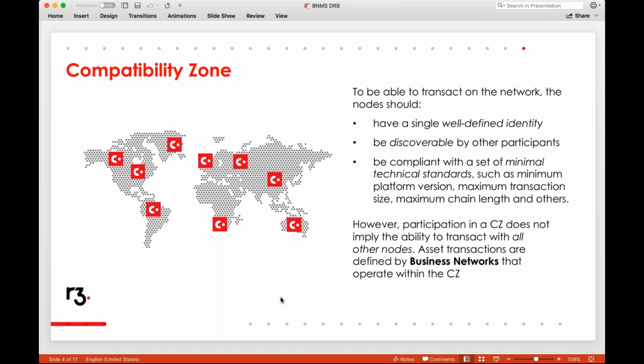And then, as Ivan's taken us through it, you have to trust ultimately the same root of identity, and have the same network parameters. If you disagree on the largest allowable message size, then one of you is going to reject a transaction that the other accepts. And you have to trust the same sets of notary pools for technical reasons we can get onto later. So that's the result of a technical analysis that says what is the minimal set of things people have to agree on, and that defines a compatibility zone. It's a Corda network, a network of nodes that can talk to each other.